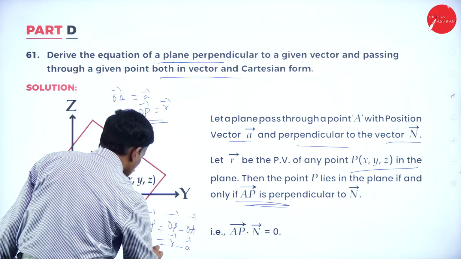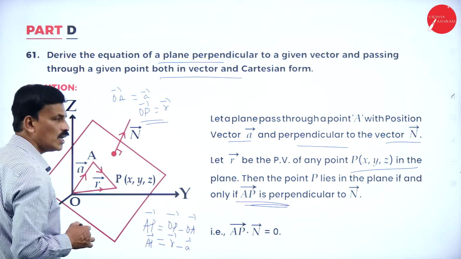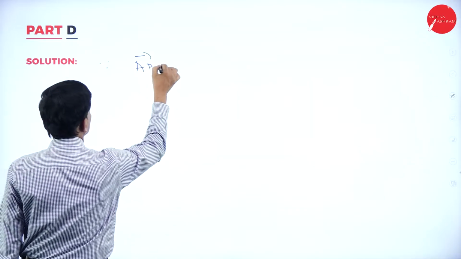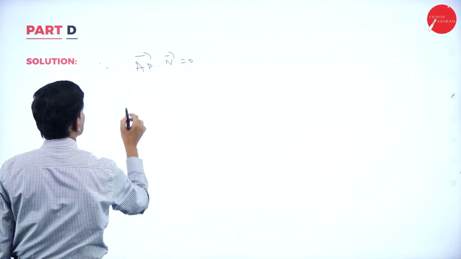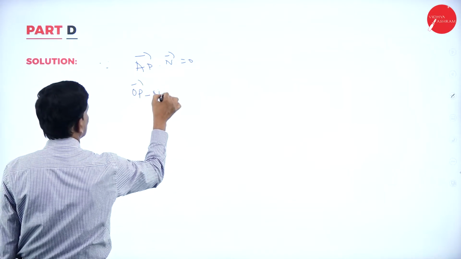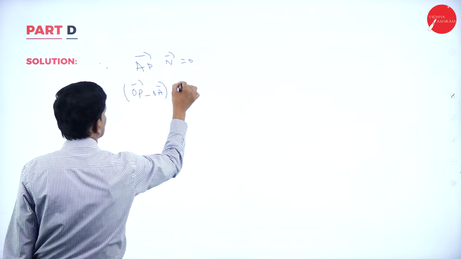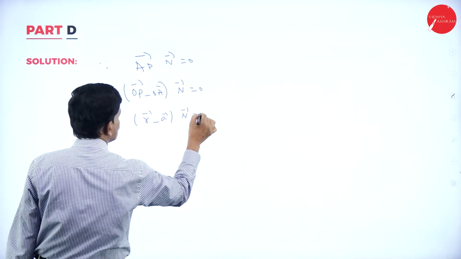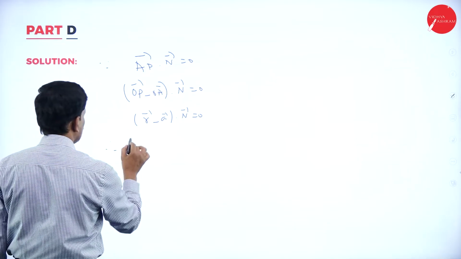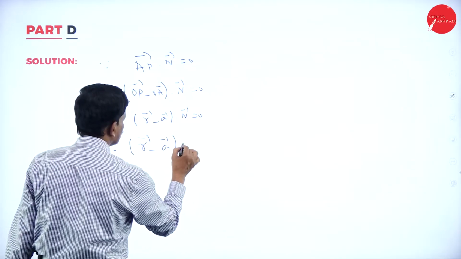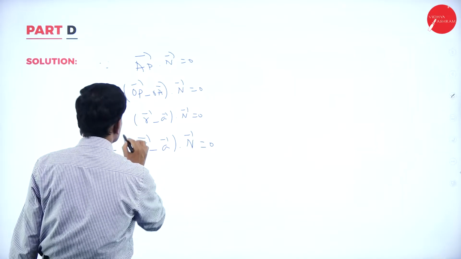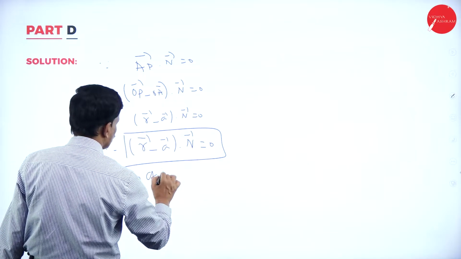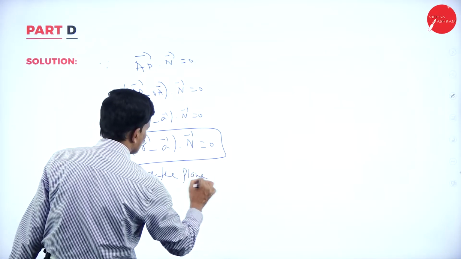Vector A. So vector AP is equal to R minus A. So therefore, since vector AP dot n is equal to 0, AP is nothing but vector OP minus OA dot n is equal to 0, that is vector R minus A dot n is equal to 0. So therefore the equation R minus A vector dot n is equal to 0 is the vector equation of the plane. This is the first part.